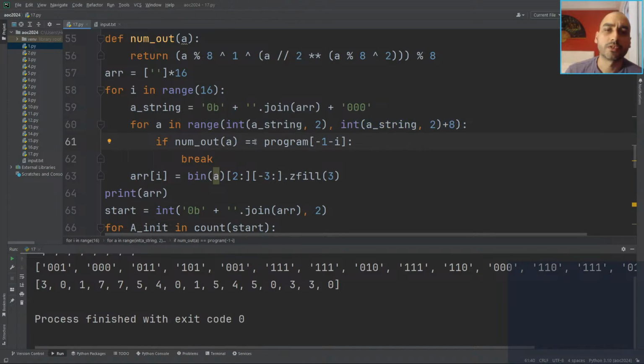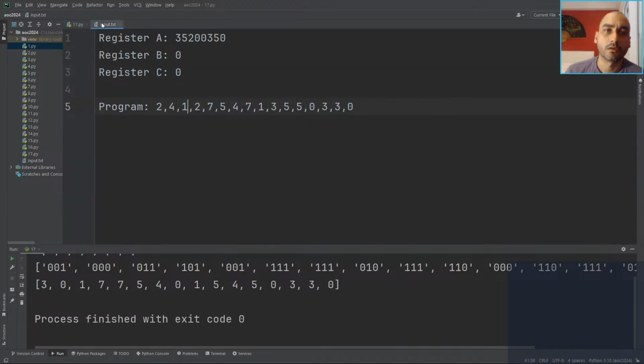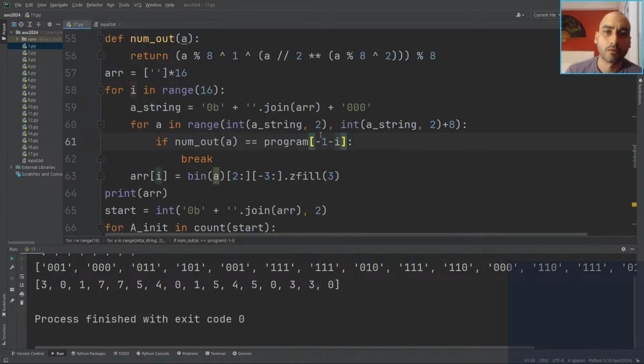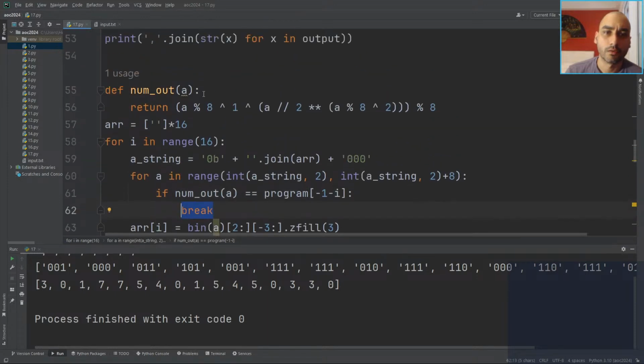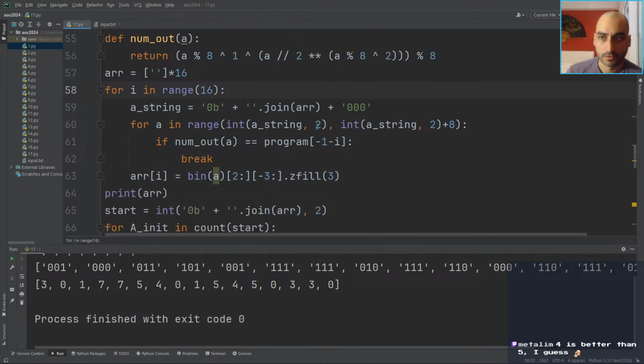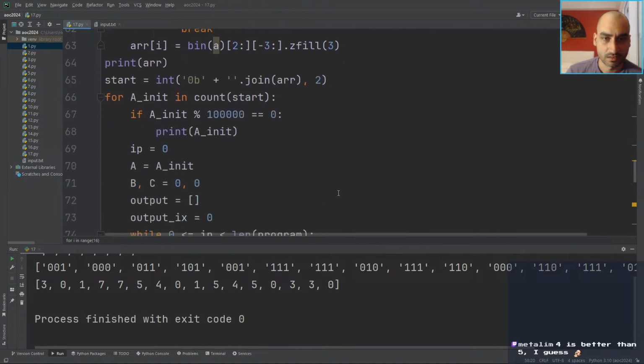If num out a equals program minus 1 minus i, break. I don't even know if I've written this correctly. This was just literally scribbled on paper. 4 is better than 5, I guess.